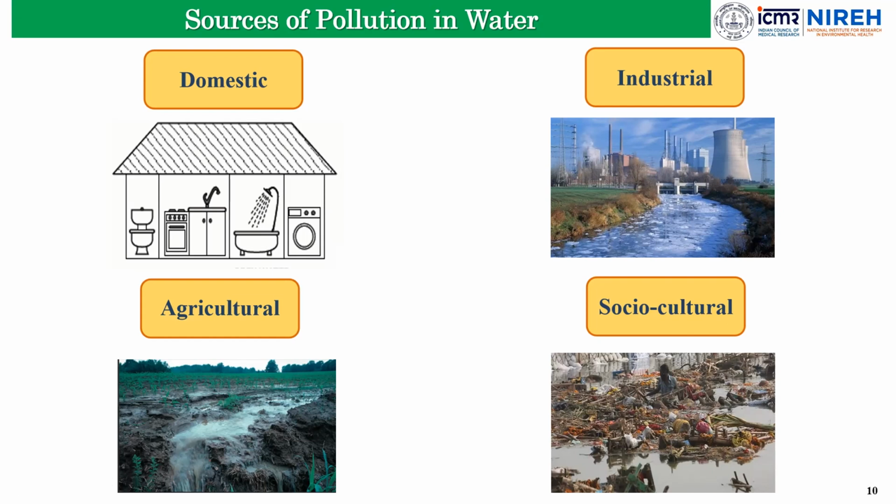Then the third important source of pollution in water is the agriculture source, and generally it is not considered a source of pollution, and many people are not aware of it. But you all might know that in agricultural practices, we use lots of agrochemicals, basically fertilizers and pesticides, which are nothing but chemicals.